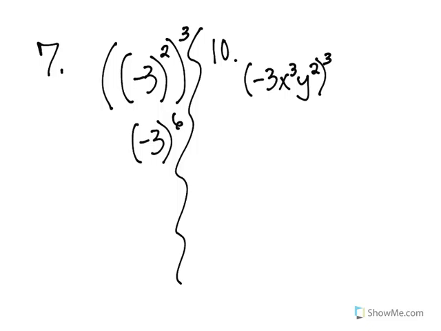So, I love my new color choices. Negative 3 to the third, x third to the third, y squared to the third. So you just write it out. Three times 3, y to the 2 times 3.